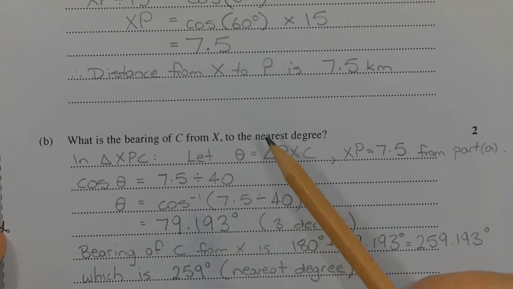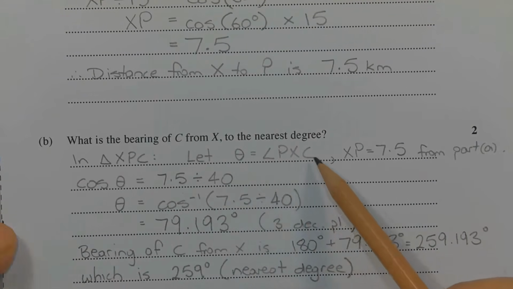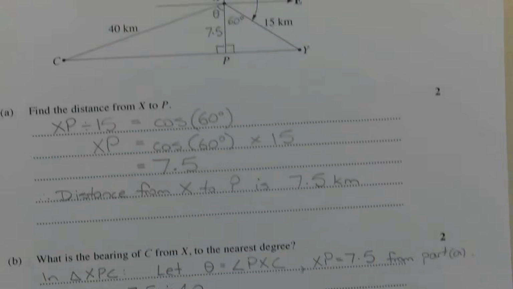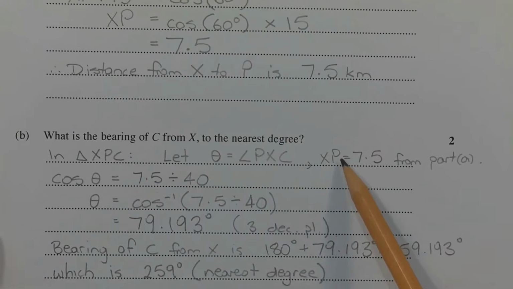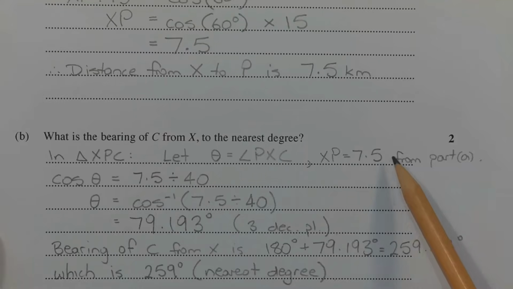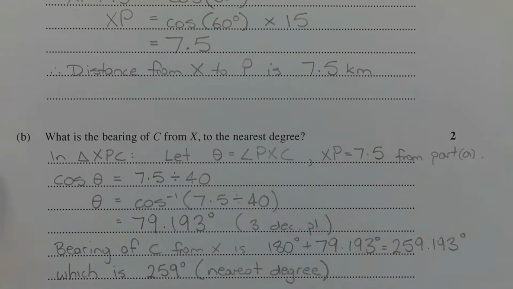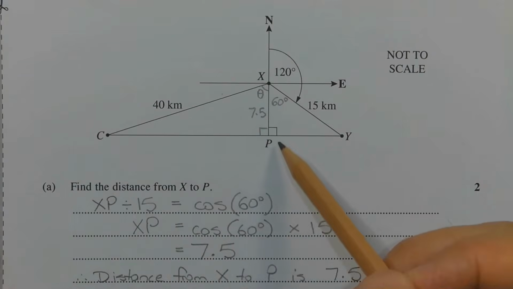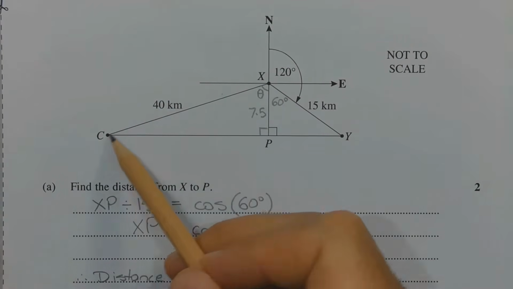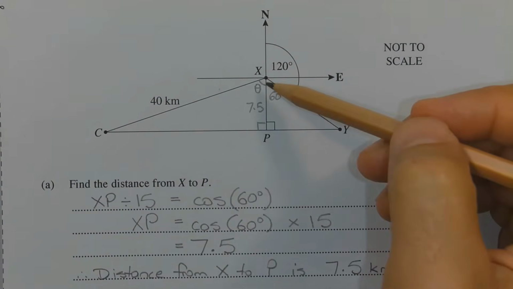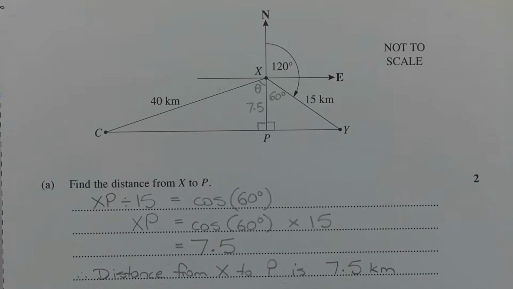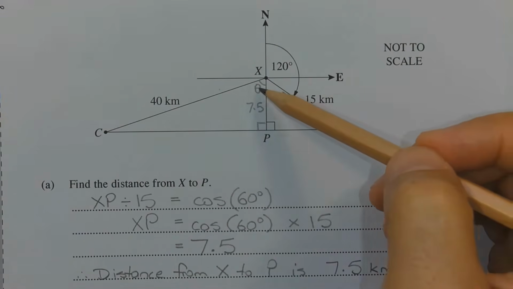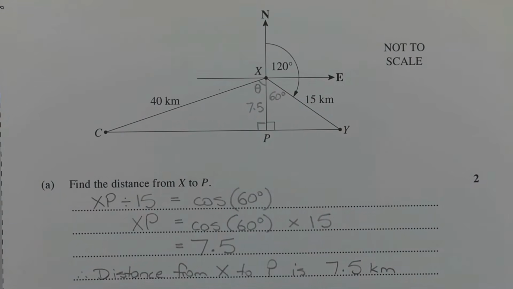I've let theta equal angle PXC, so that's here, and XP is equal to 7.5 kilometers that we found in part A. So going back to our triangle, we have a right angle triangle, hypotenuse 40, the adjacent side 7.5, and again we can apply the cosine ratio to find the value of this angle theta.